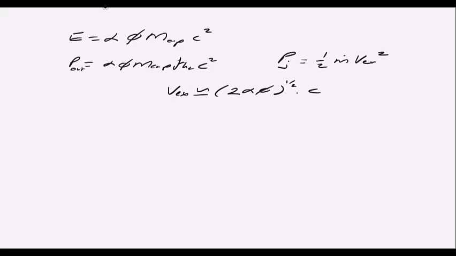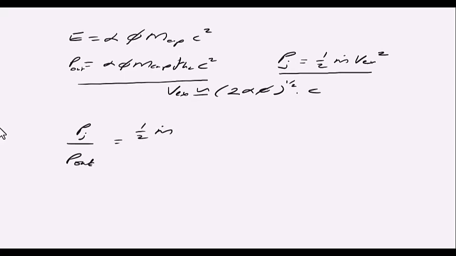And so you can actually take the ratio of the jet power and the output power, the ratio of these two terms, P jet over P out, which is 1/2 m dot v exhaust squared divided by alpha phi m_cap f_Hz c squared.